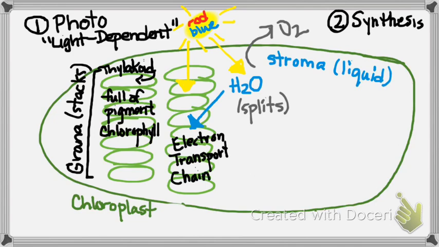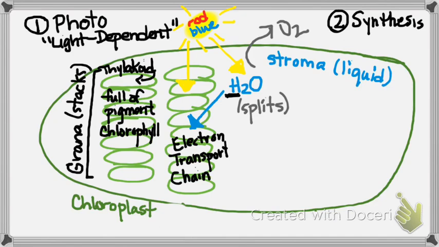The electron transport chain. And so what happens is you have these hydrogens and these electrons coming, and they're being transported on the membrane of the thylakoids through this electron transport chain.